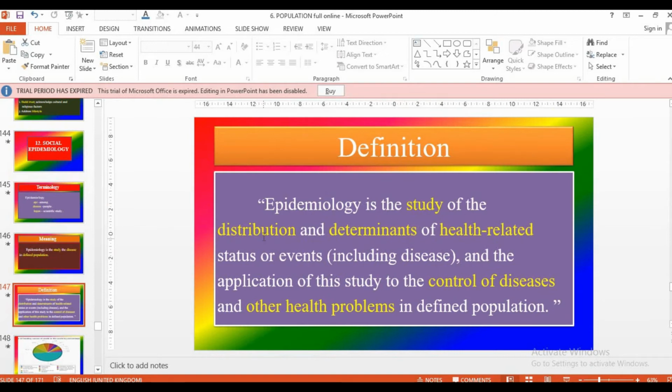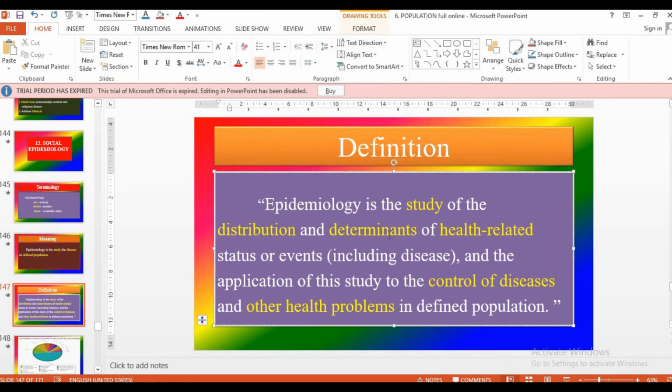Definition: the study of distribution, determinants, health-related status, and control of diseases and other health problems in a defined population, which means a particular, definite population. Keywords: distribution, determination, health-related disease, and control of diseases.